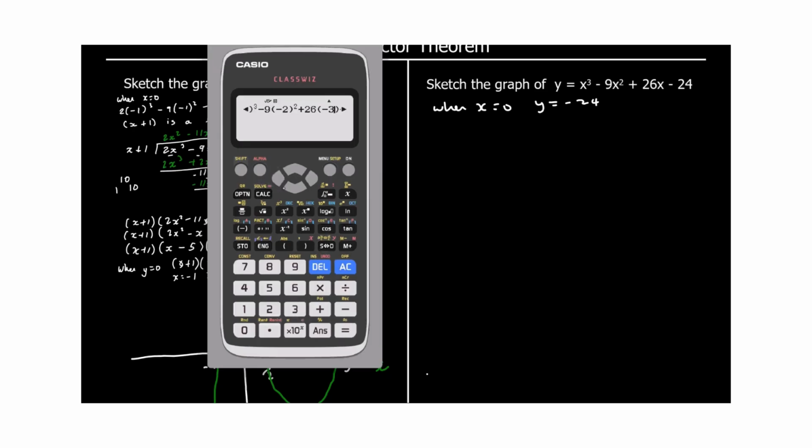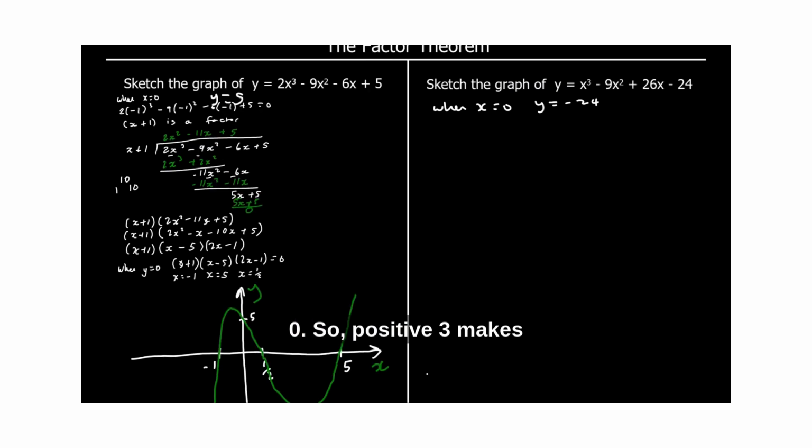Negative 3: negative 200. Let's go to positive 3. 0. So positive 3 makes it 0. So x minus 3 is a factor.